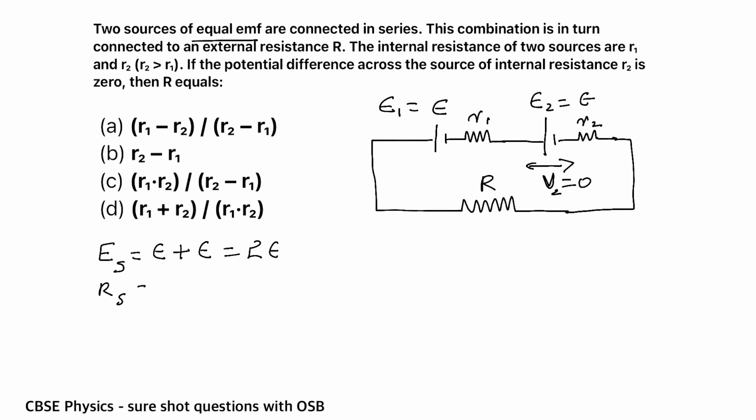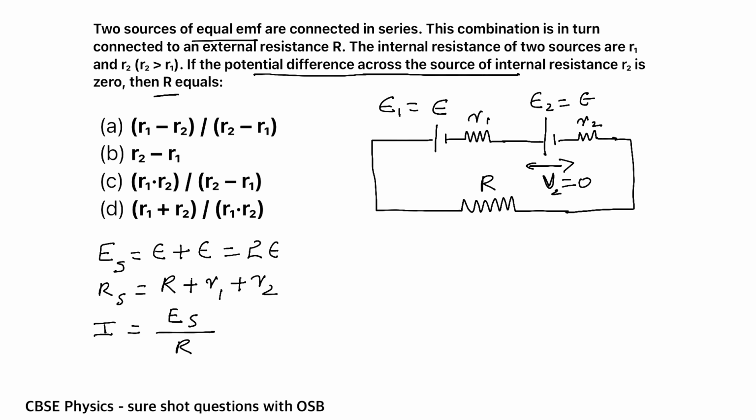It is the external resistance capital R plus the internal resistance of the first cell plus the internal resistance of the second cell. Our task is to find capital R, given that the voltage across the second cell is 0. Now what is the current? According to Ohm's law, it should be ES by RS.